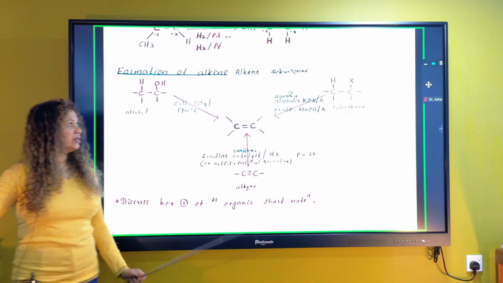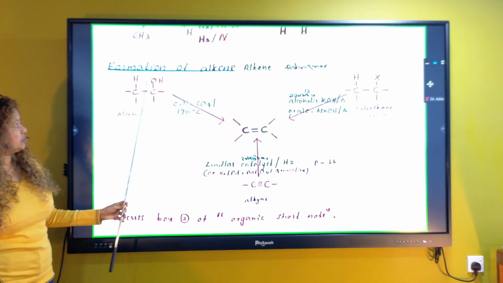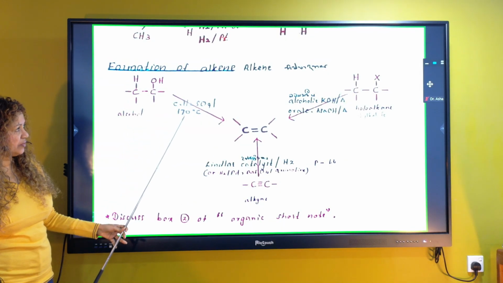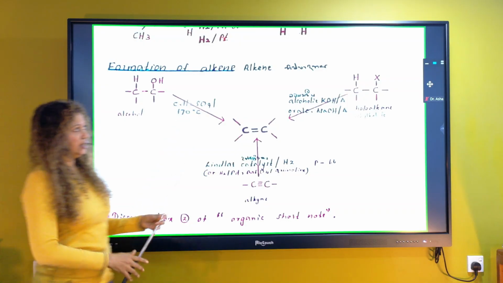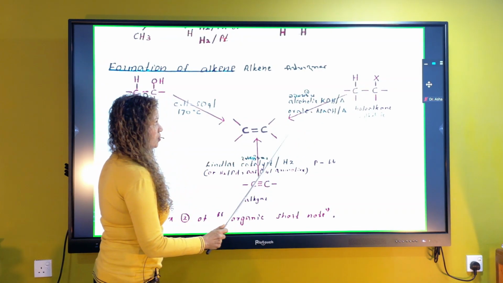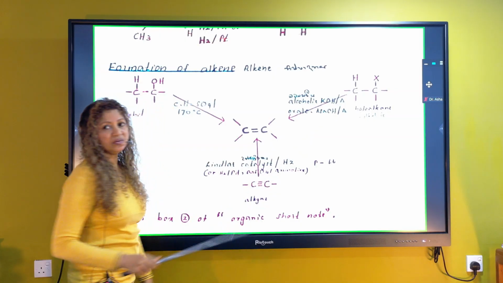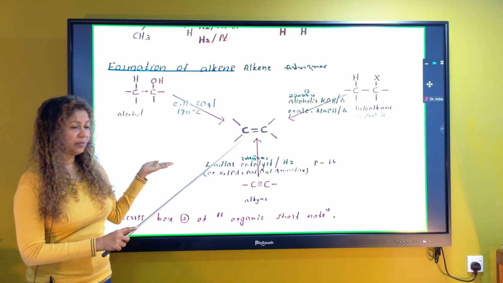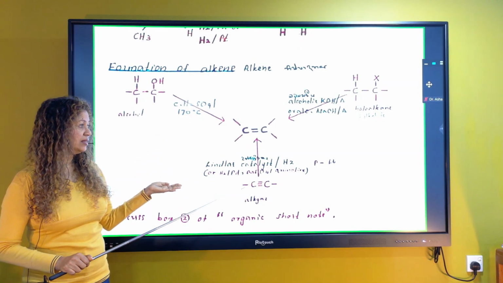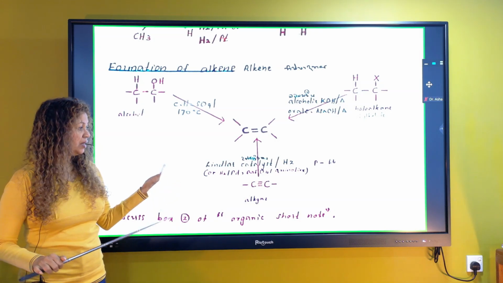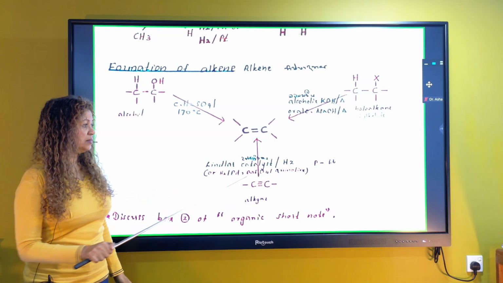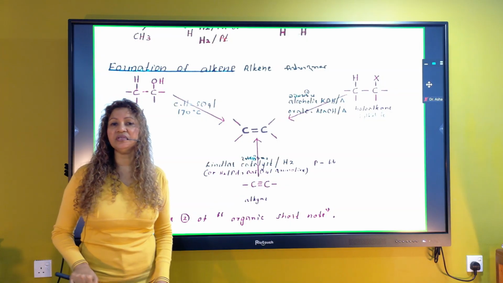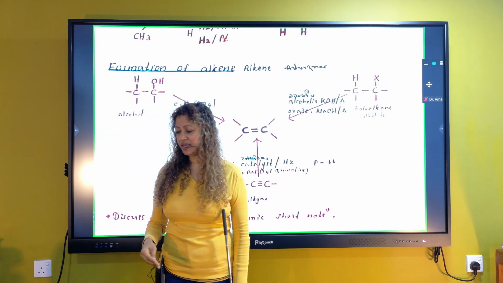We can prepare alkenes by elimination reactions: HOH gets away when you add conc H2SO4 at 170 degrees; HX gets away when you add alcoholic KOH and heat. Or, whenever there is a triple bond, you can convert it to a double bond by partial reduction with Lindlar catalyst and hydrogen: palladium, barium sulfate, quinoline. We will talk about that under alkynes as well.